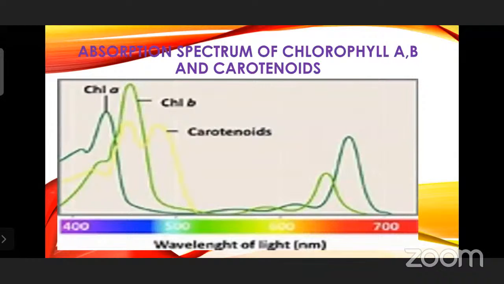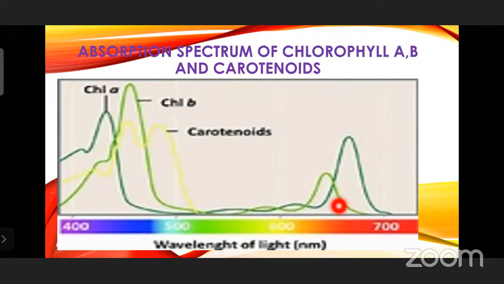You can see the dark green color is indicating the chlorophyll A, the wavelength. Here at this point, more at the blue color wavelength, chlorophyll A is high, and it is less, and again it is more at red wavelength.